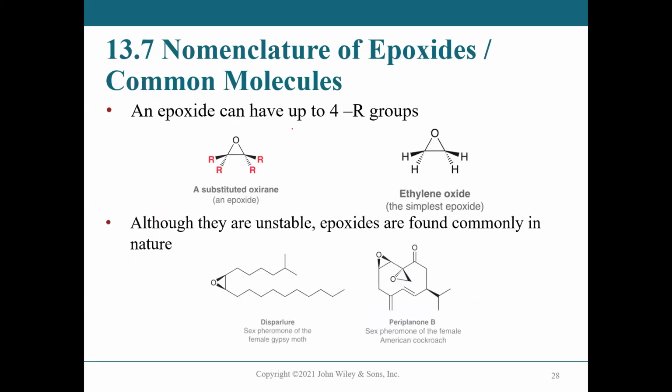So an epoxide can have up to 4 R groups. You can see that here, 1, 2, 3, 4. Ethylene oxide is the simplest epoxide because there's no R groups. There's just 2 carbons right here and everything else is a hydrogen. Although they are unstable, epoxides are found commonly in nature.